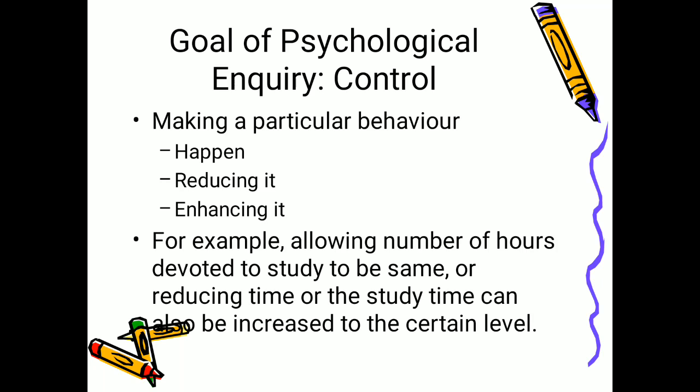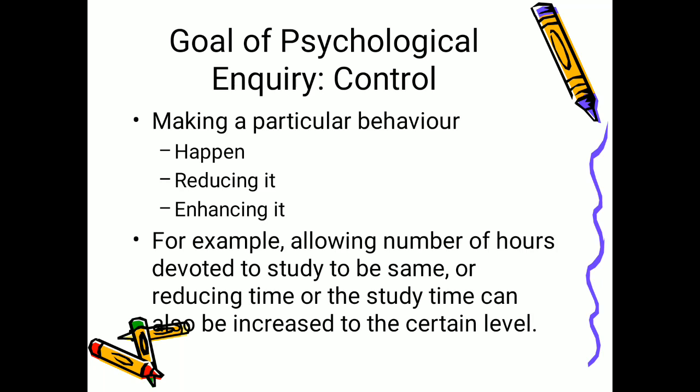So for study time, for example, if I have an exam and I know there are so many chapters that I don't know, obviously I'll increase the number of study hours so that I can complete those chapters in the given time. Or for example, I know I have one day and I have revised everything 2 or 3 times.